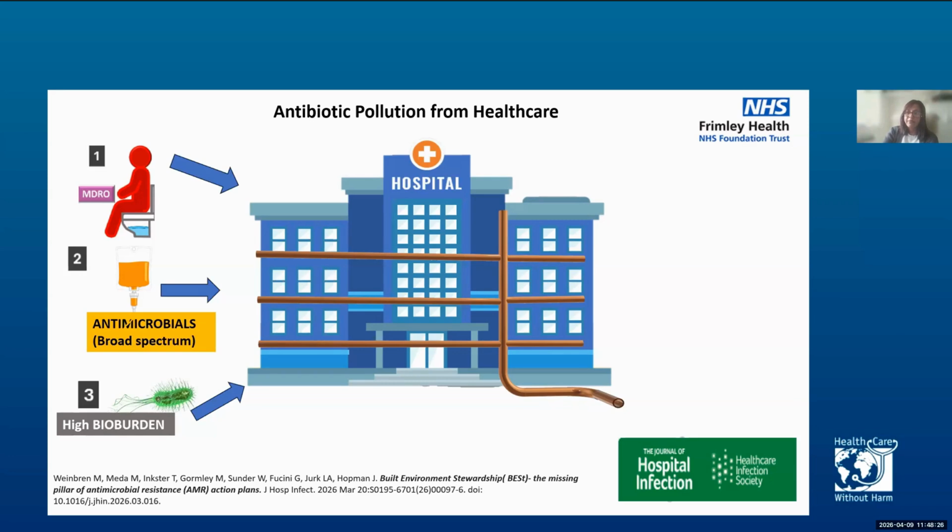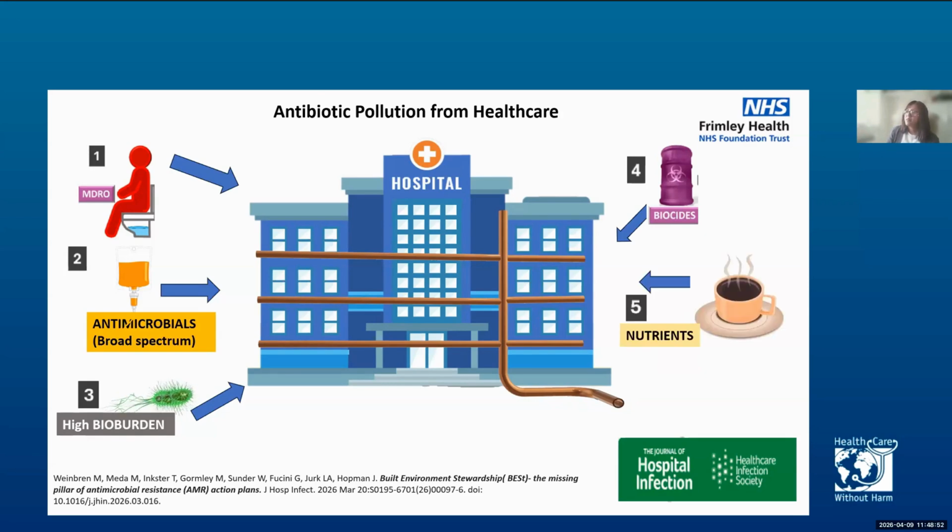which means the most resistant bugs are being selected there. And also we know that especially the gram-negative organisms, there is a horizontal transfer of genetic material. So there is sharing of these very resistant genes between bacteria within drainage systems and potential creation of new resistance mechanisms. And also we're throwing a huge amount of biocides, like you've already heard, cytotoxic agents, many different things that also puts a lot of pressure on microorganisms that are present in our hospital systems.